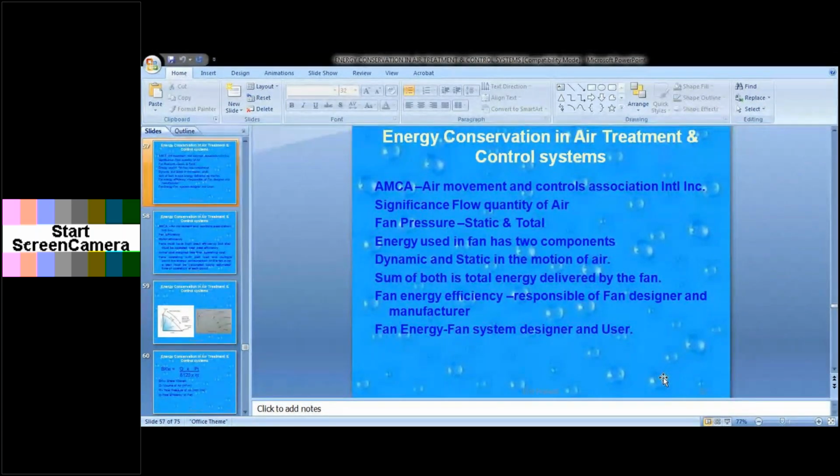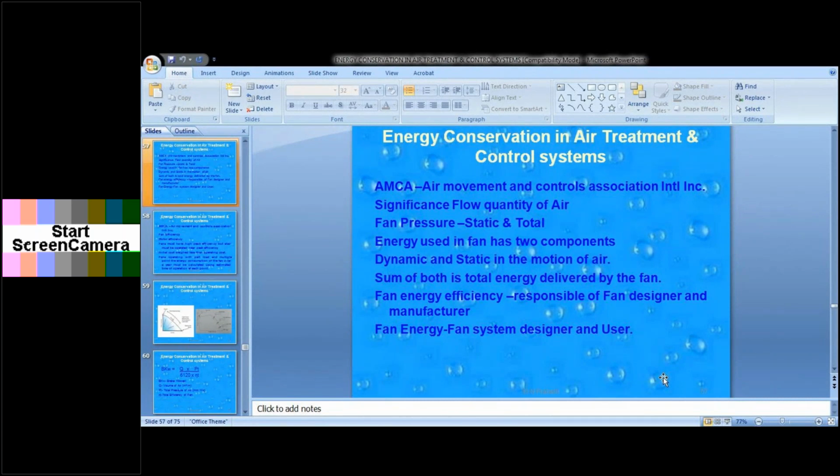Dynamic pressure is when the velocity is there, when the air movement is there. That dynamic pressure will mostly be the power of the fan. Both total energy is delivered by the fan.